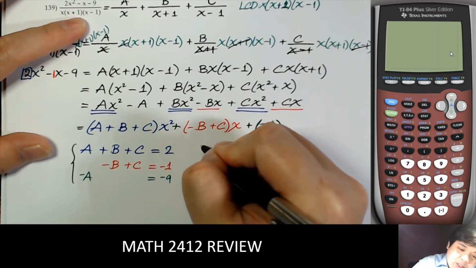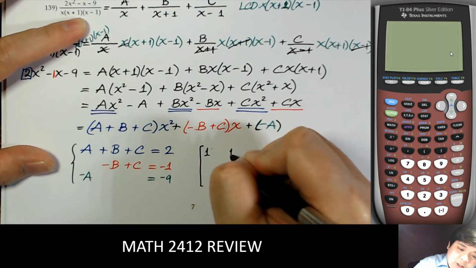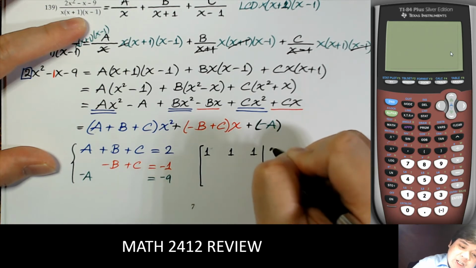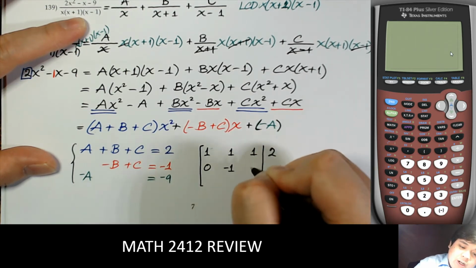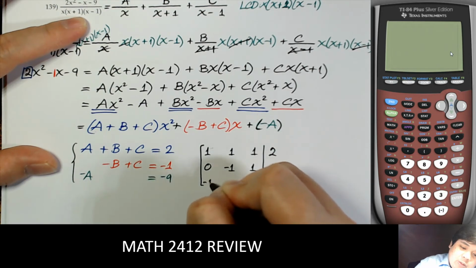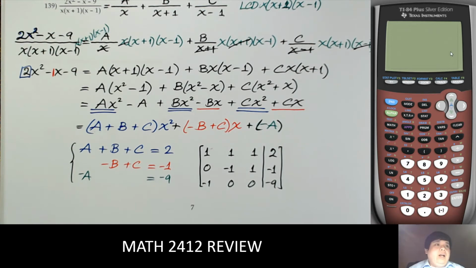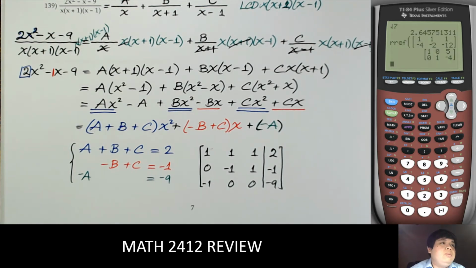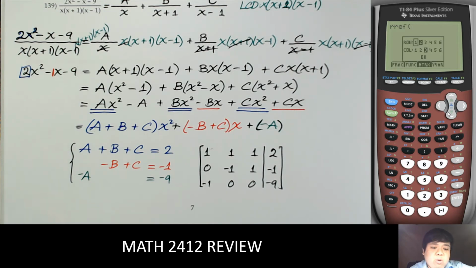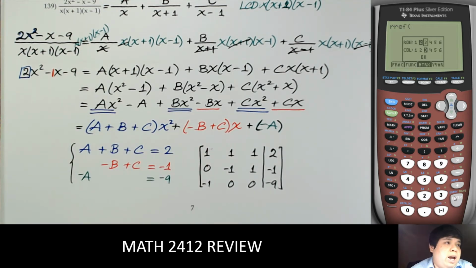Right, so that is the system of equations. If we write the matrix: 1, 1, 1, and 2; 0, negative 1, 1, and negative 1; negative 1, 0, 0, and negative 9. Right, and the calculator again. Second matrix, go to math, RREF, alpha, zoom. This will have 3 rows and 4 columns.